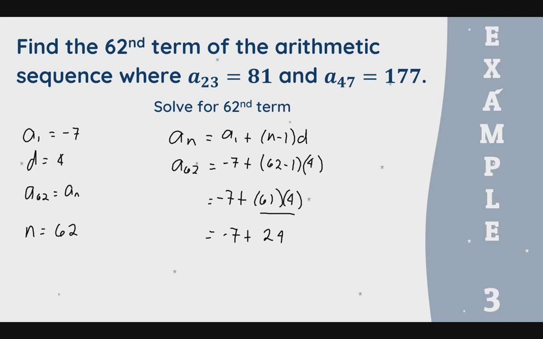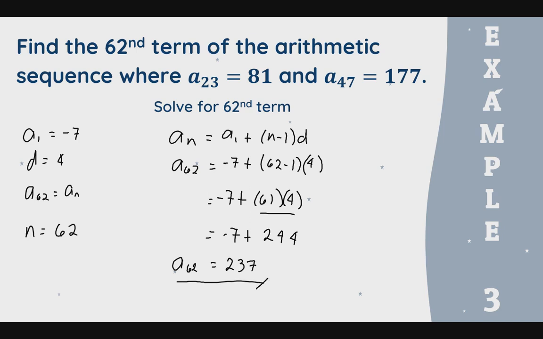Very good, 244. And to get a sub 62, or the 62nd term, negative 7 plus 244 is positive 237. Very good.